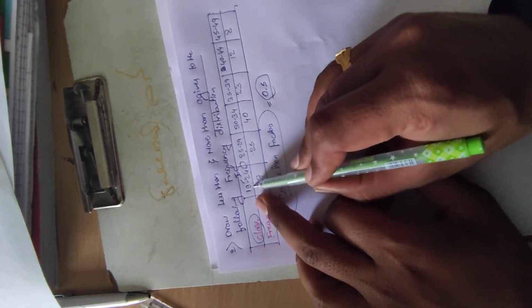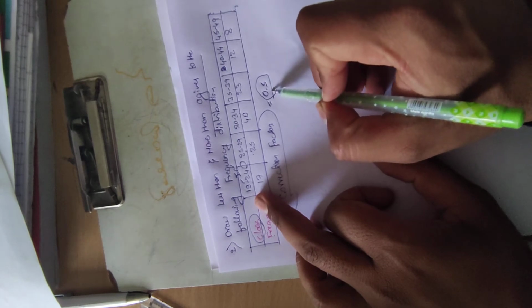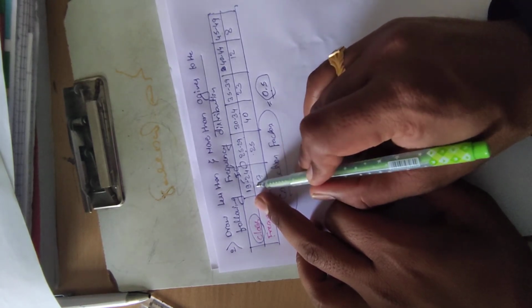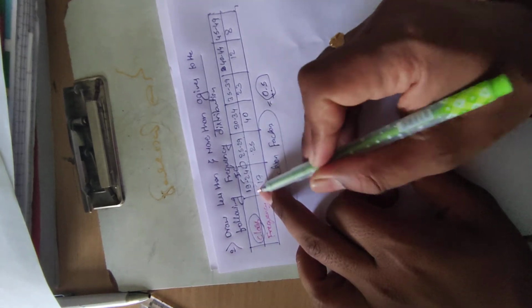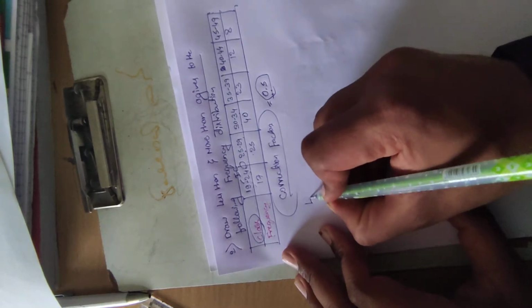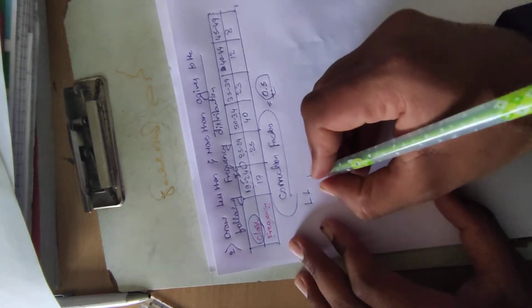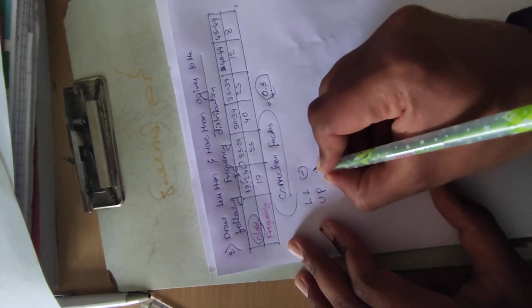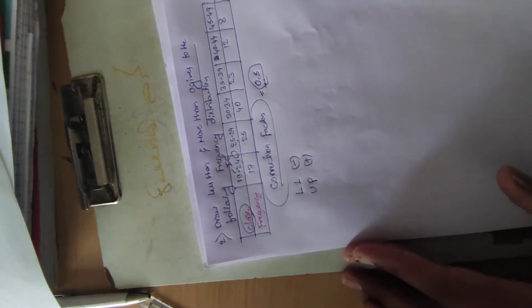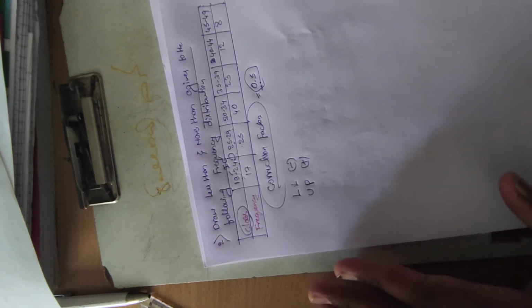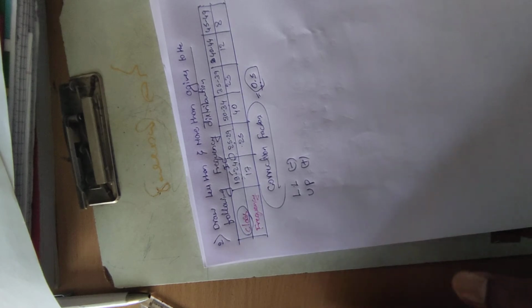So the 0.5 we subtract from the lower limit, and the 0.5 we add to the upper limit. Okay students, at that time the inclusive class intervals will be converted into exclusive class intervals.